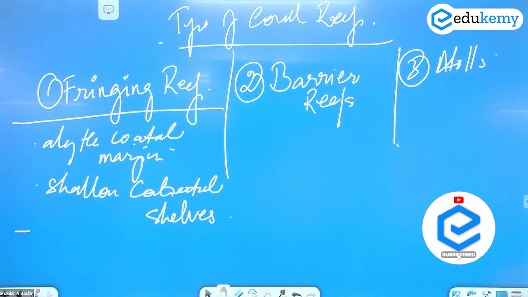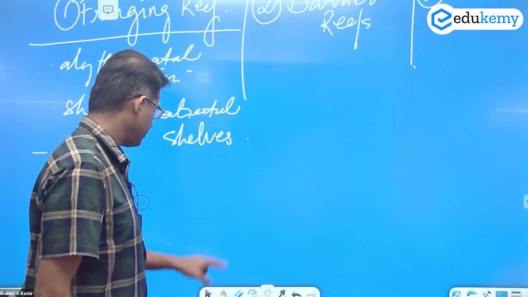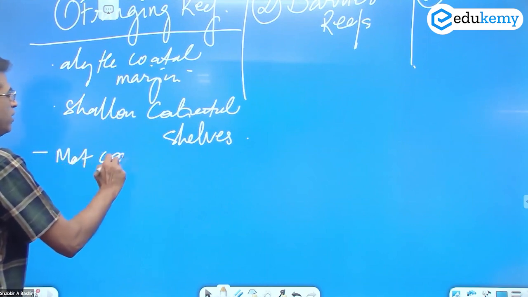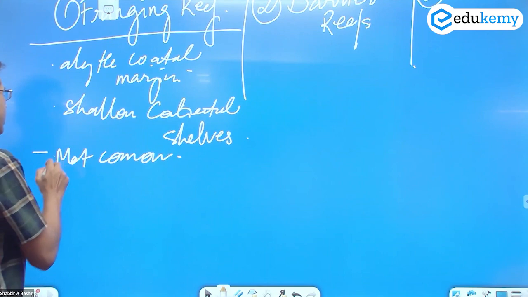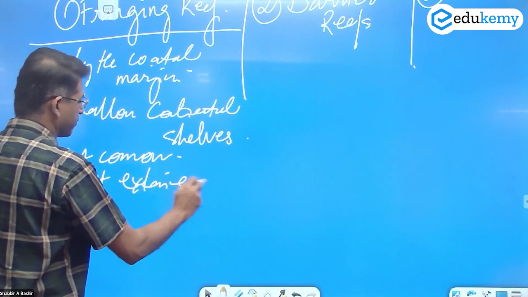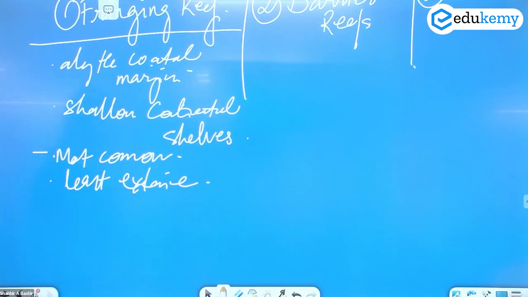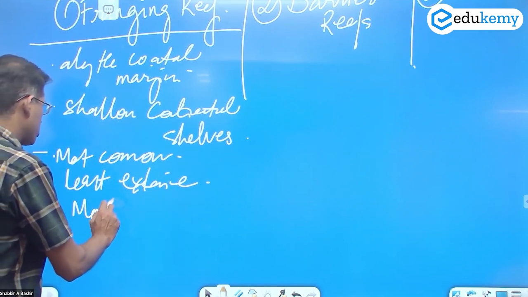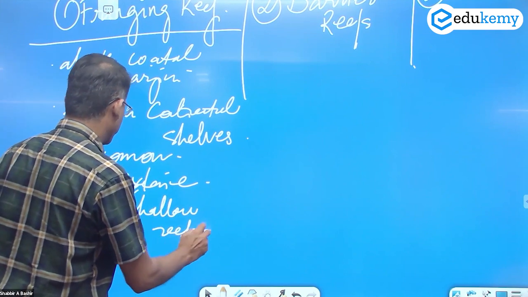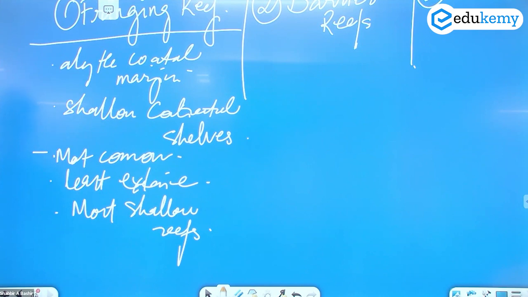They're found along the narrow coastal margins. These are the most common, and they are the least extensive. These are the most shallow reefs. They're the most common reefs. They are least extensive. बहुत ज़्यादा बड़े नहीं होते हैं ये.